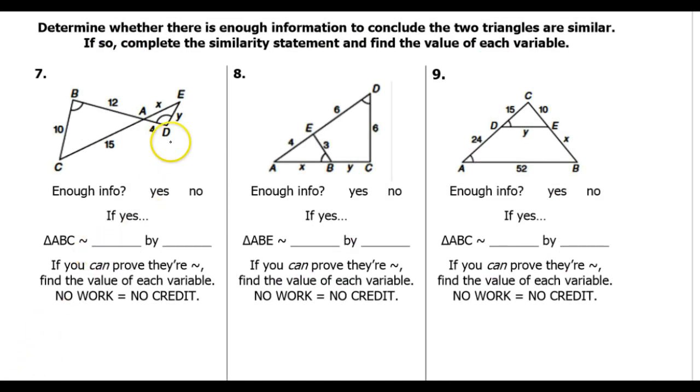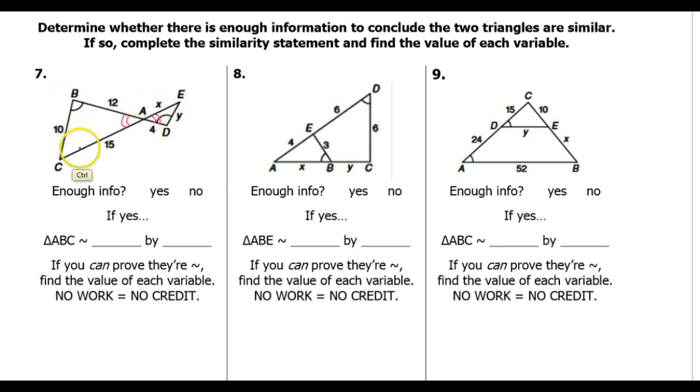All right, for number 7, I see a bunch of sides over here, but over here I only have one side that's given, so that's not going to do anything for me. So I'm ignoring the numbers on the sides now. So angles. I see one angle that's marked congruent for both triangles. But also, in addition to that, I know that this angle is going to be congruent to this angle because they are vertical angles.